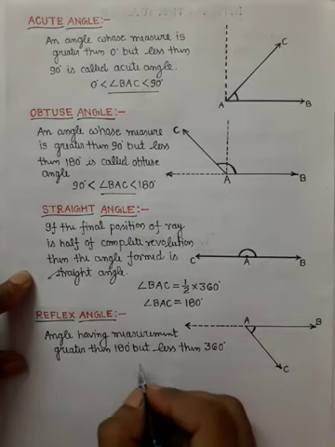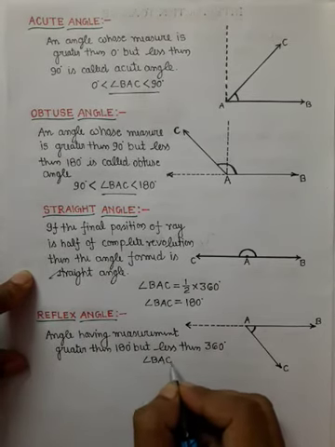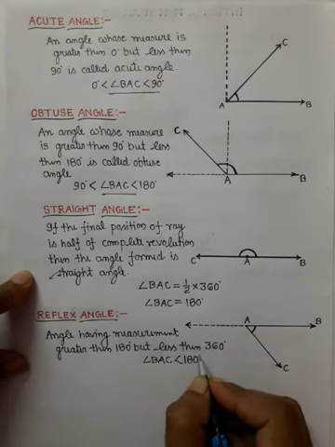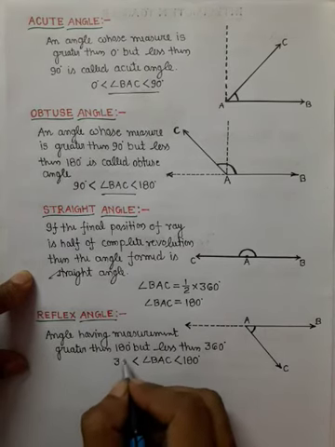So if angle BAC is a reflex angle, then it will be greater than 180 degree and it will be less than 360 degree.